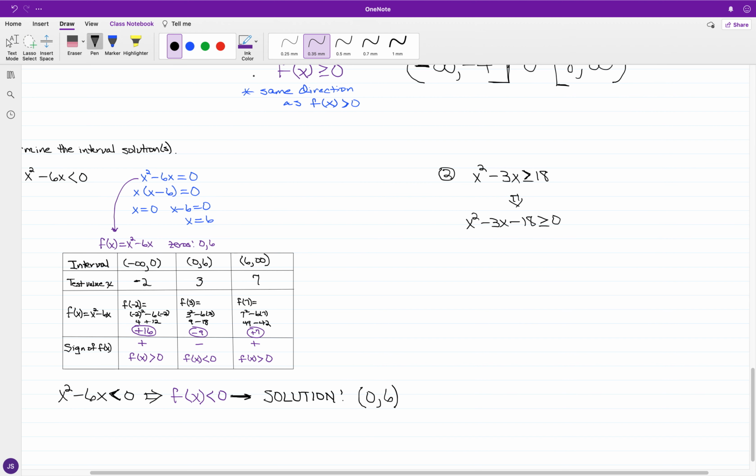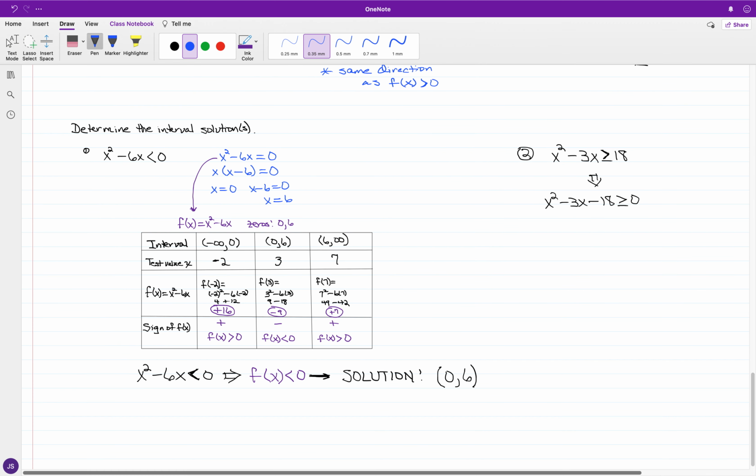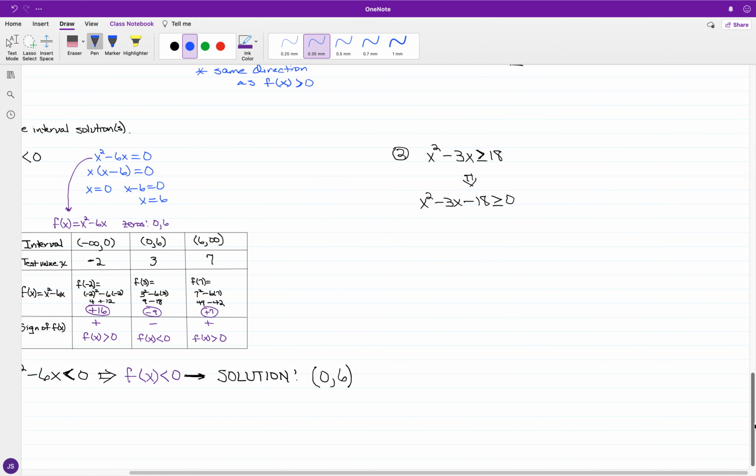And let's say that we determine just what the zeros will be. Okay, so for x squared minus 3x equal to 18, if I take 18 away, again, you have x squared minus 3x minus 18 is equal to 0.